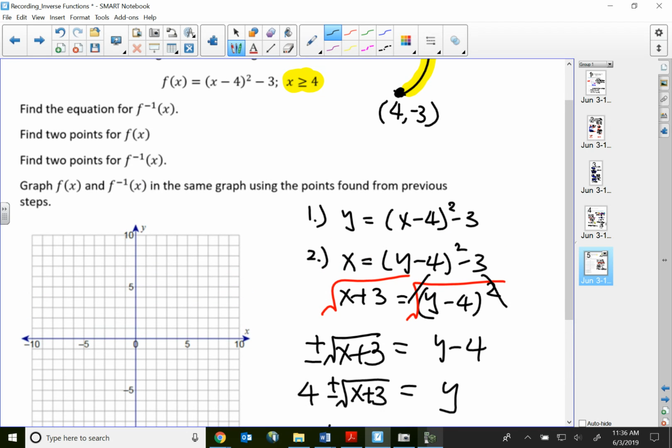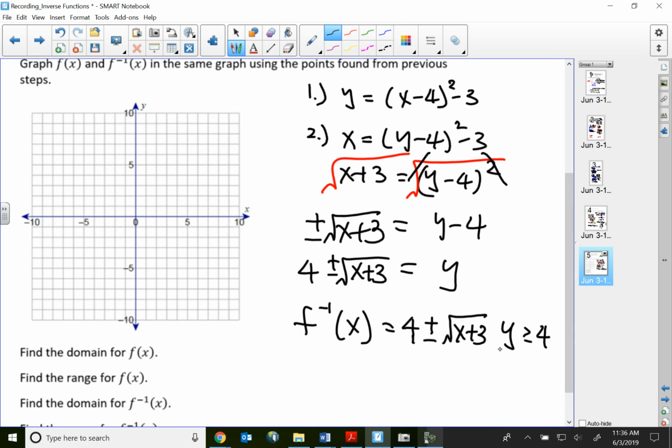Now my inverse, I have to look at y is greater than or equal to 4. So the only function that is y greater than or equal to 4 is the plus version. So even though when I take a square root on both sides, I actually have two different functions, only one of them, the plus one, actually gives me y greater than or equal to 4. So this is my inverse function.